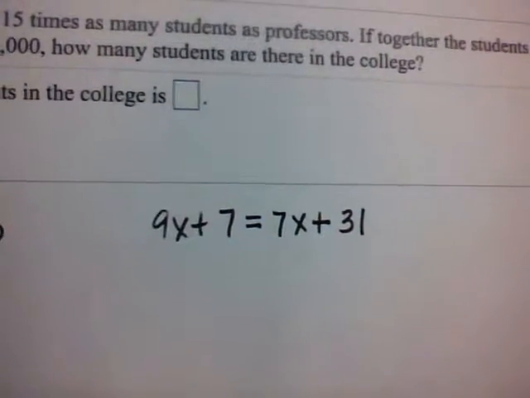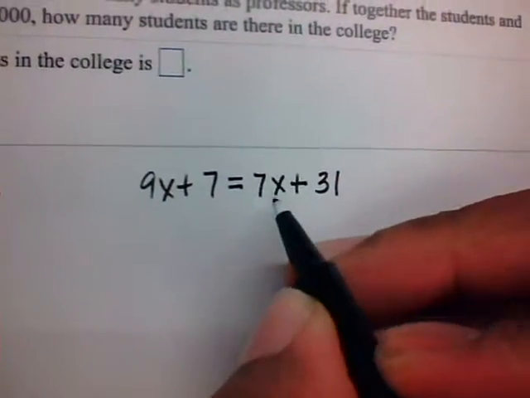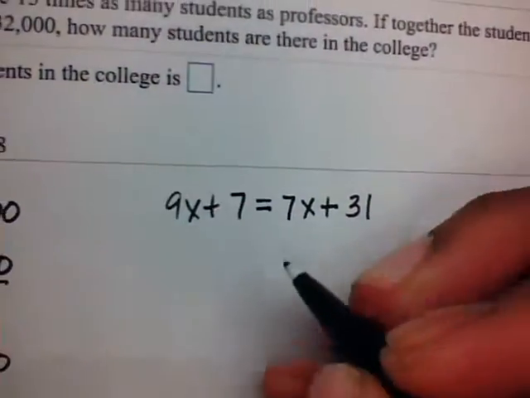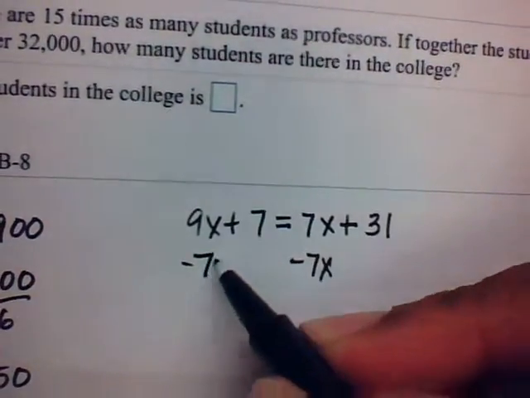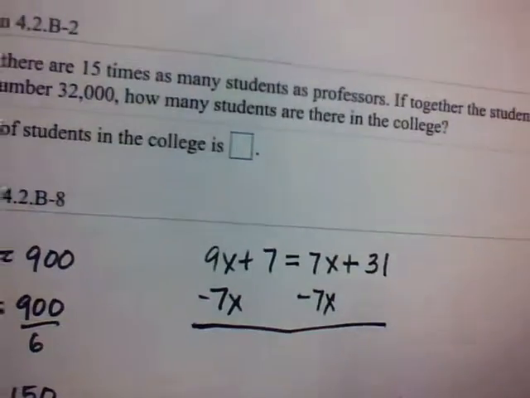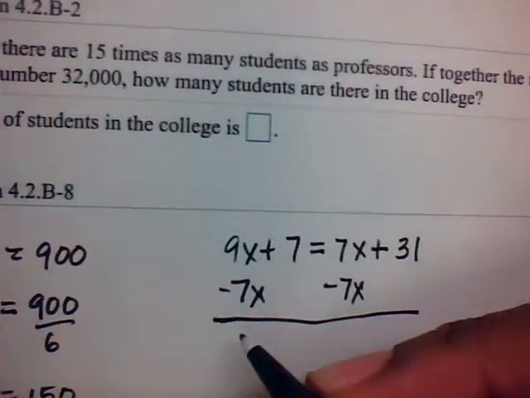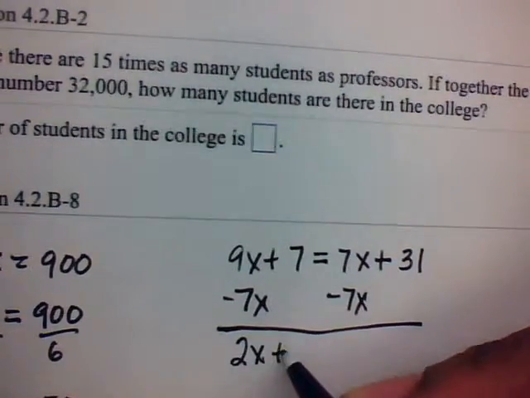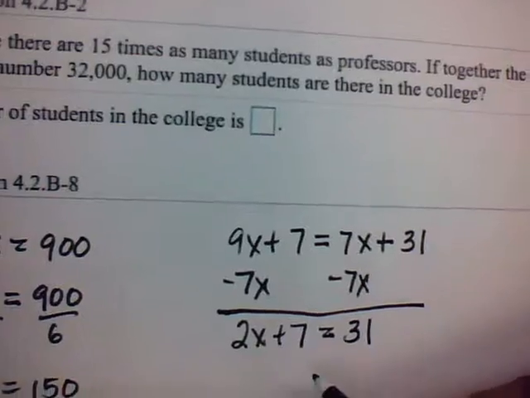Now what we need to do here is get the x's on one side and the numerical terms on the other side. It'll be easier for me to move the 7x over to where the 9x is by subtracting 7x on both sides. And when I do that, 9x minus 7x is 2x plus 7 is equal to 31.